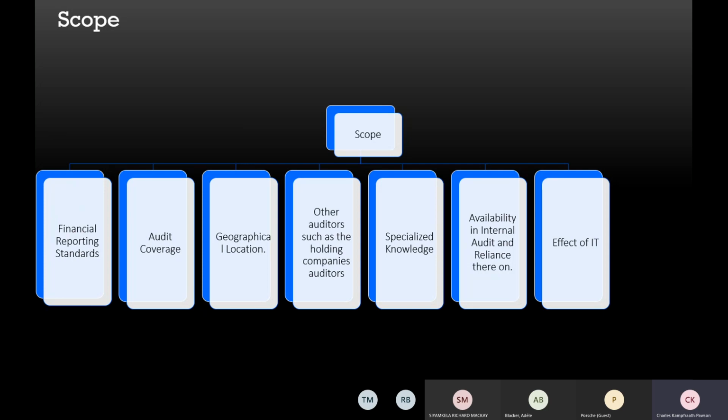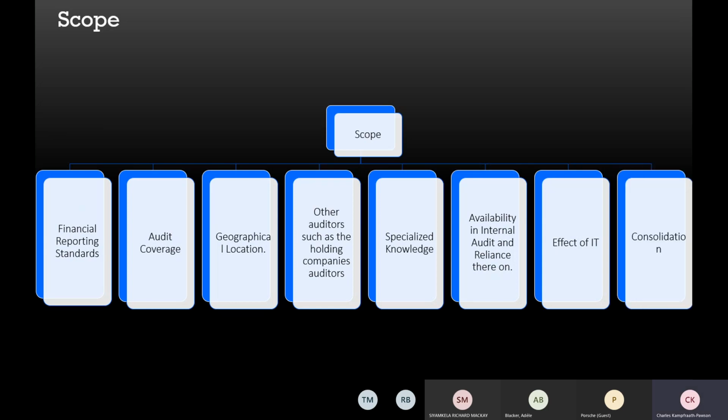Because you guys remember from previous auditing modules that the moment I have a very IT intensive company, I must employ the use of computer assisted audit techniques, CATs. So that also determines my scope.